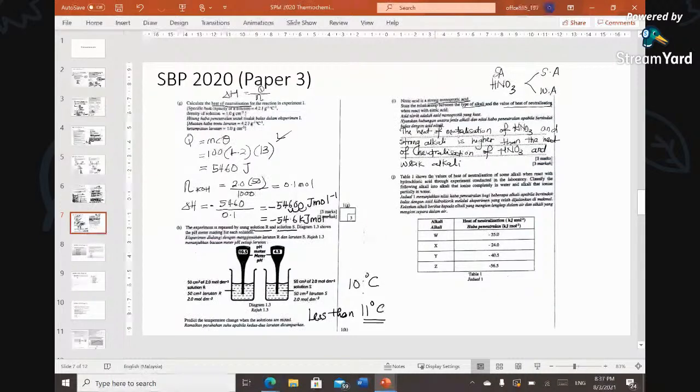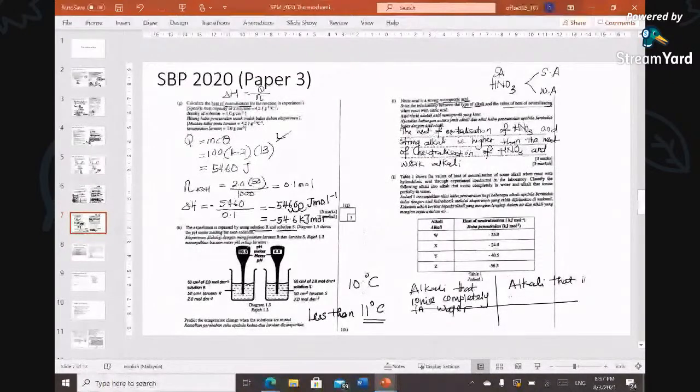By looking at the heat of neutralization, you must be able to classify them.